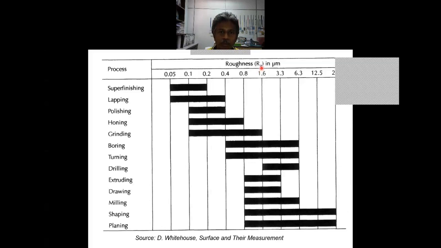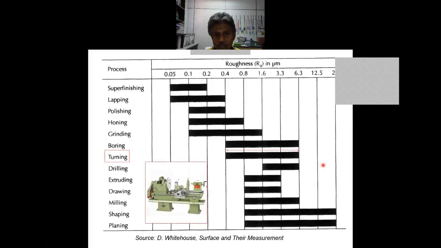Okay. But what I want to show you here is that the different processes will produce different ranges of roughness value. For example, turning operation produces a roughness from the range 0.4 up to 6.3. Okay, so if you want to produce very smooth surfaces, you can go for polishing or lapping, for example.